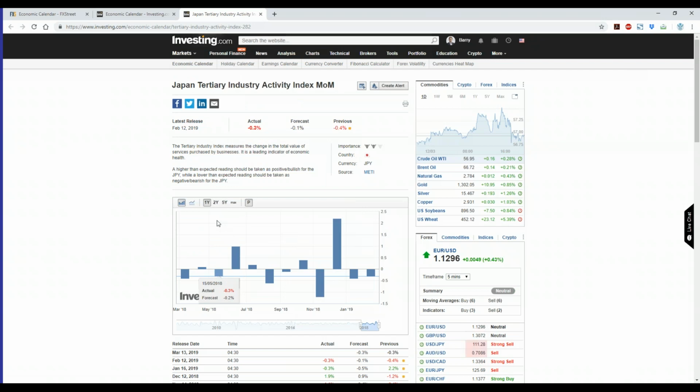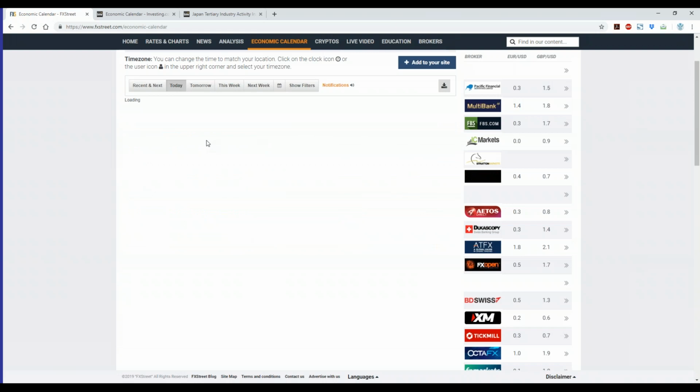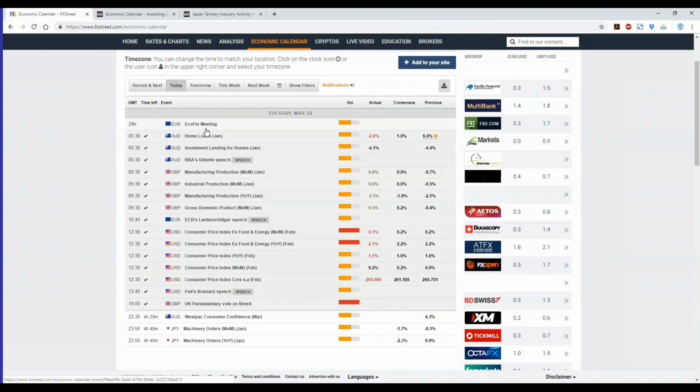This page is handled by the site, and different sites handle it differently. One of the reasons I prefer FX Street is if you open up and click on their box, let's go to the same Japanese tertiary data.